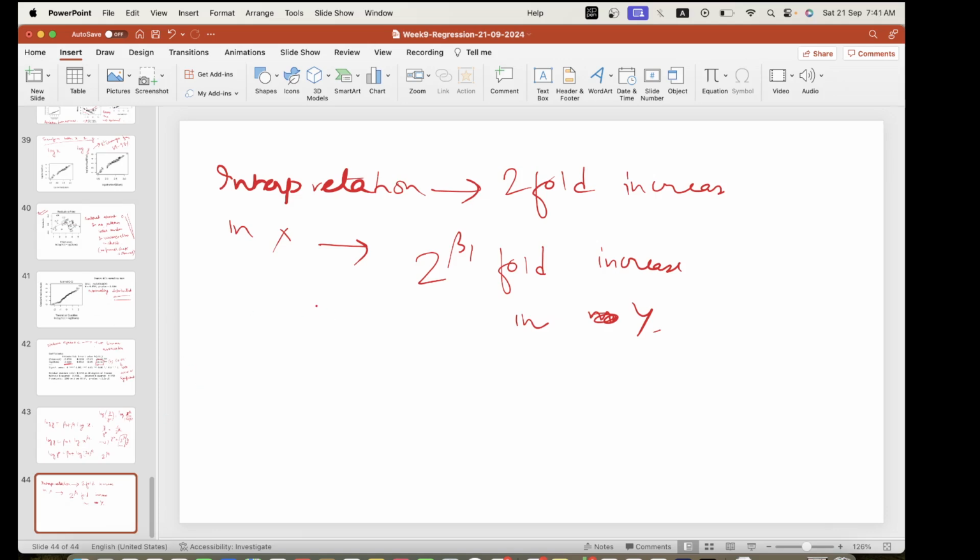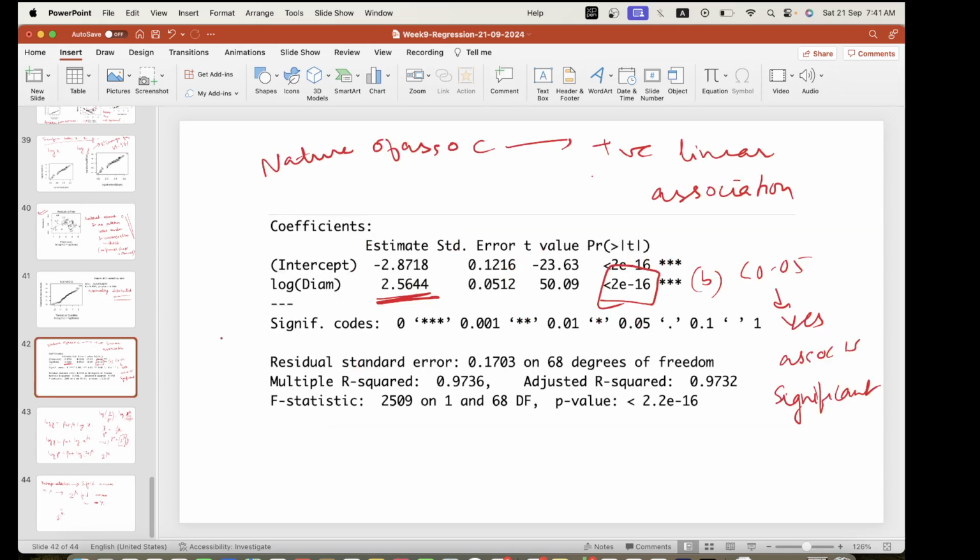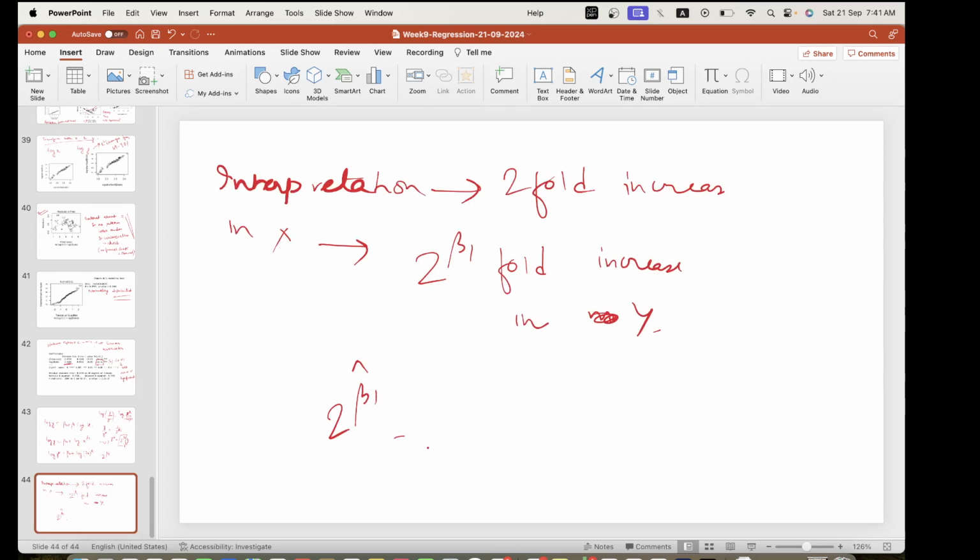So what will be the estimate? The estimate would be 2 to the power beta 1 hat. Beta 1 hat we get from here, 2.25. So the answer is 2 to the power 2.25, and whatever that is, that is our final answer.